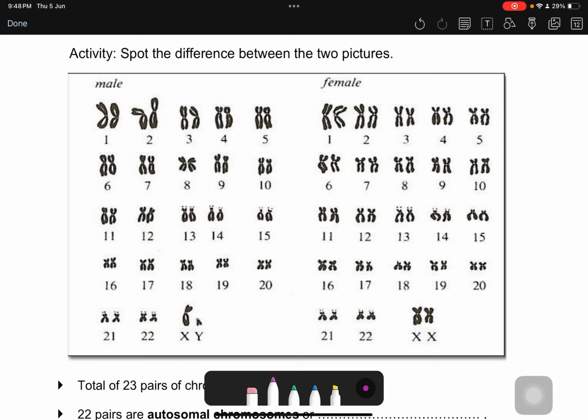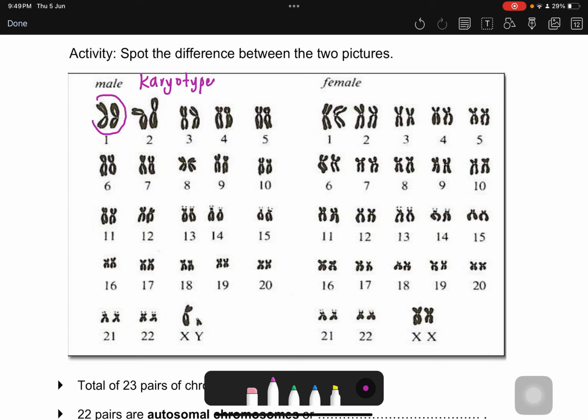Right, so what you see over here are known as karyotypes, which is a visual representation of all the chromosomes within a cell. And you can see that it's being arranged in a certain manner. So by now you should be able to explain how 46 chromosomes are being arranged.